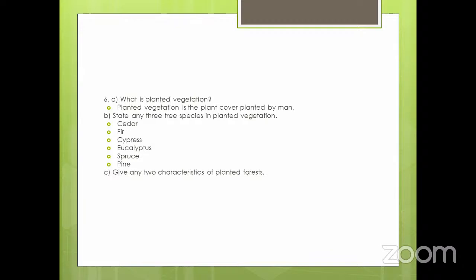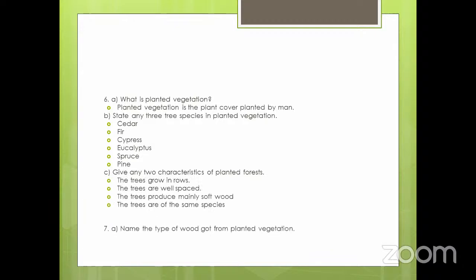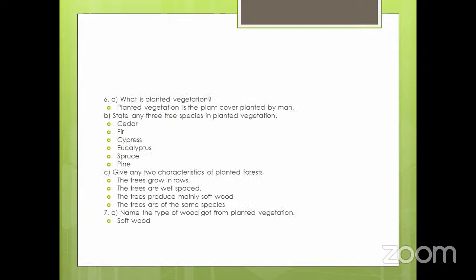So Joseph has told us two of them. He said that planted forests mature quickly. They produce softwood timber. Yes, Ruth has also added one there. Mature quickly, produce softwood timber. Then they are of the same species, which is okay. So some of them are here.